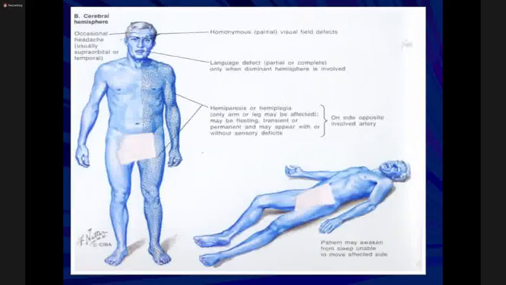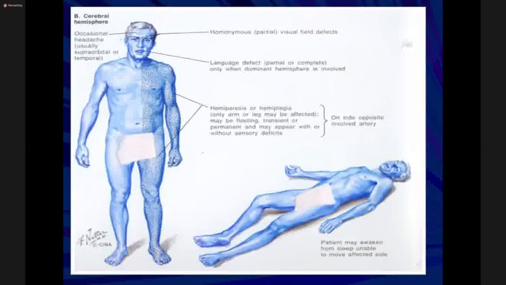Otherwise, you know your visual pathway, if you could remember: you have your optic nerve, and then the medial fibers cross at the optic chiasma, and then you have the optic tract, optic radiation, and they end up in the occipital cortex. So any pathology posterior to the optic chiasma would cause contralateral homonymous hemianopia.